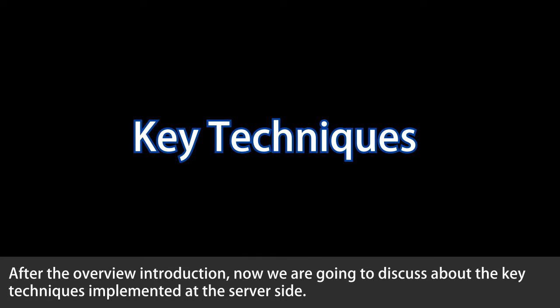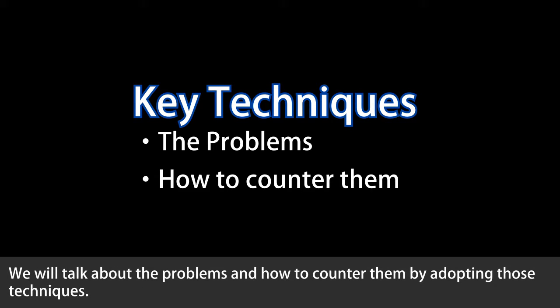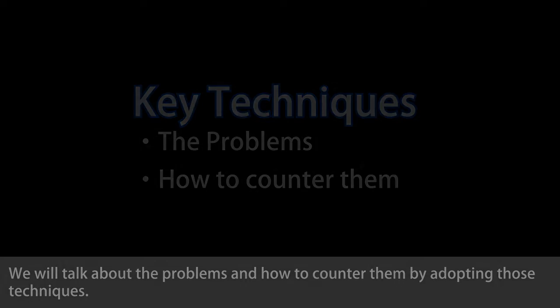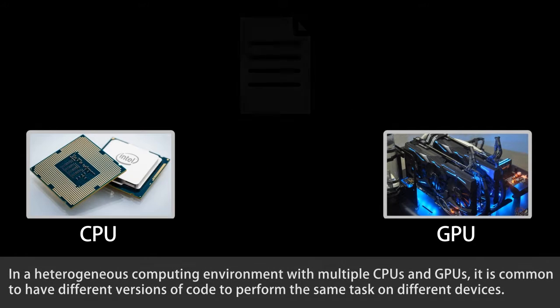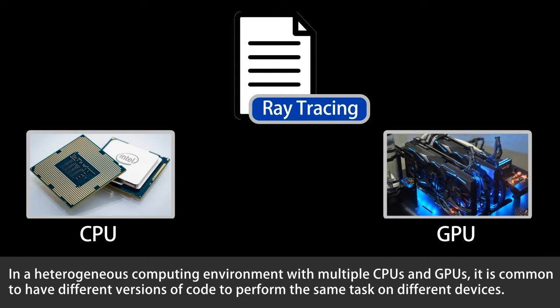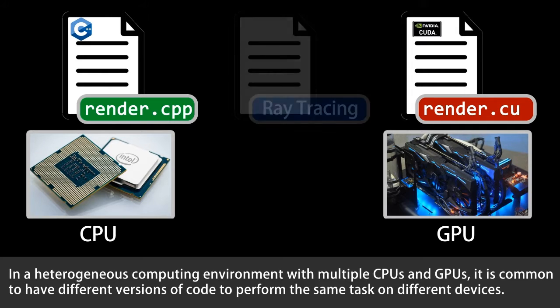After the overview introduction, now we are going to discuss the key techniques implemented at the server side. We'll talk about the problems and how to counter them by adopting those techniques. The first is the high-level task abstraction and the heterogeneous queue. In a heterogeneous computing environment with multiple CPUs and GPUs, it is common to have different versions of code to perform the same task on different devices.